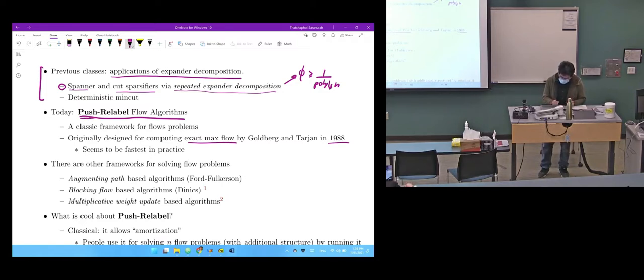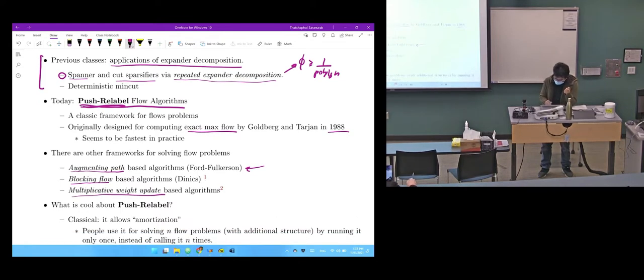Besides push-relabel, there are some other frameworks for solving flow problems. Most likely what you have seen is the augmenting path-based algorithm, which keeps finding augmenting paths to get a max flow, like the Ford-Fulkerson algorithm, for example. And there are other frameworks, like blocking flow and the multiplicative weight update framework.